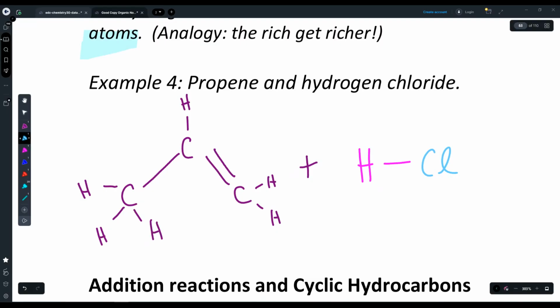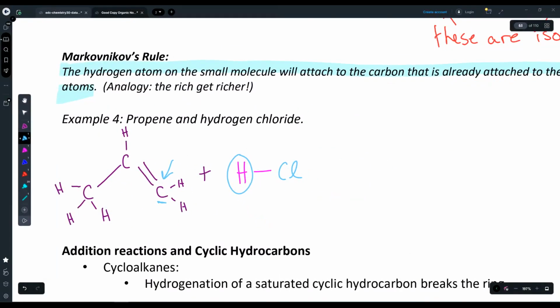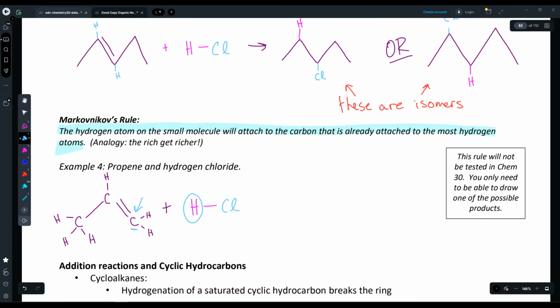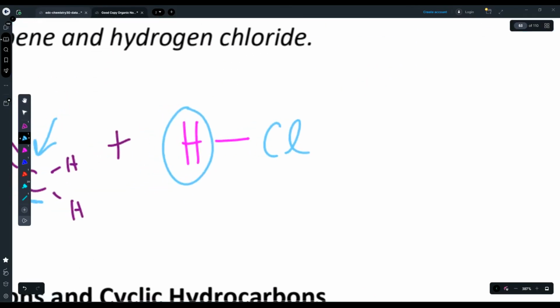Okay, so we can see that this carbon has 2 hydrogens, whereas this carbon only has 1. Okay, so according to Markovnikov's rule, this hydrogen is going to add to this carbon because the hydrogen atom on the small molecule will attach to the carbon that's already attached to the most hydrogens there.